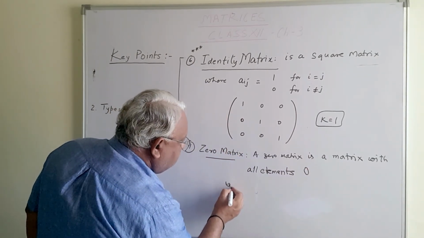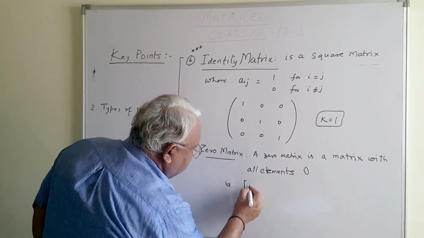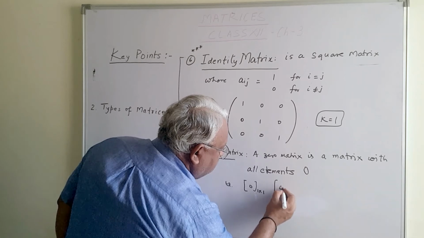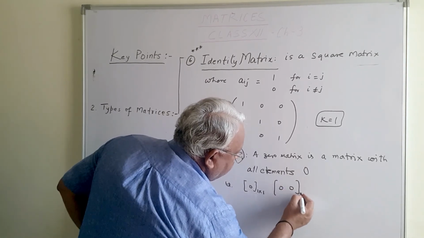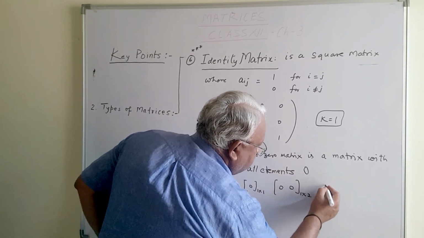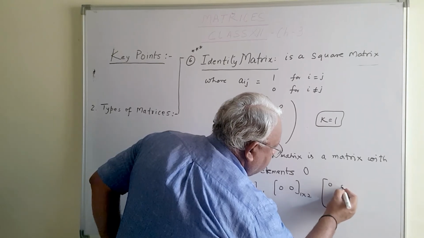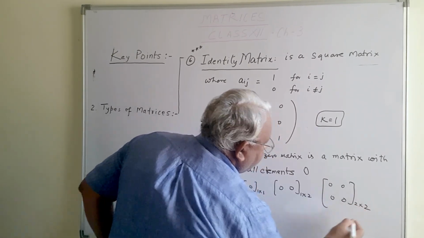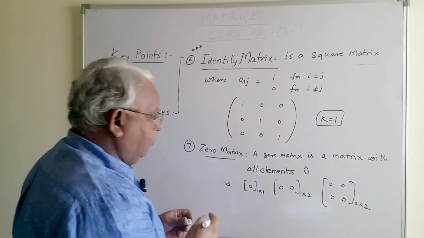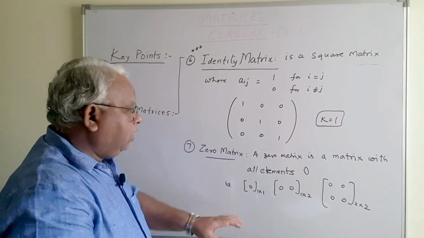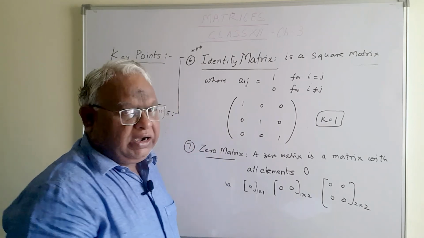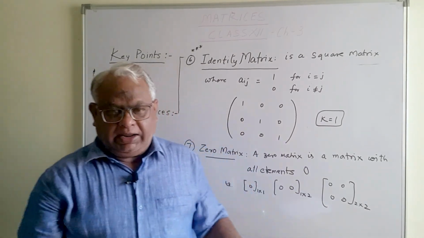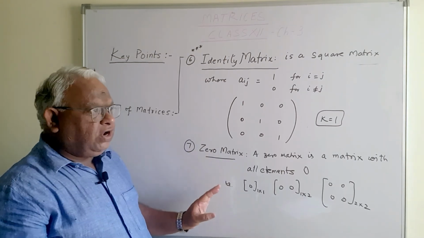That is, this is 1 cross 1, this is 1 cross 2, this is 2 cross 2, and likewise you can construct yourself. The only thing is, a 0 matrix can be a square matrix or it can be a non-square matrix. I hope everything is clear.